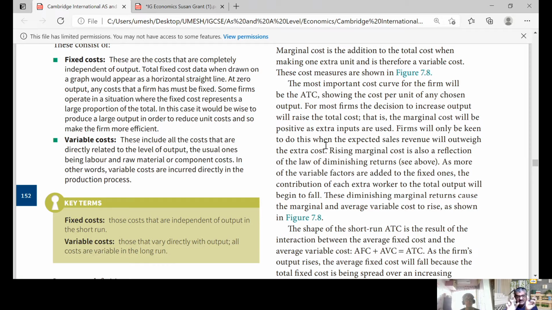But if the marginal revenue of that particular item is more than marginal cost, then I'm ready to do it. That means, if the firm wants to survive, if the firm wants to make profit, they will produce the quantity where MC is equal to MR, not above that.